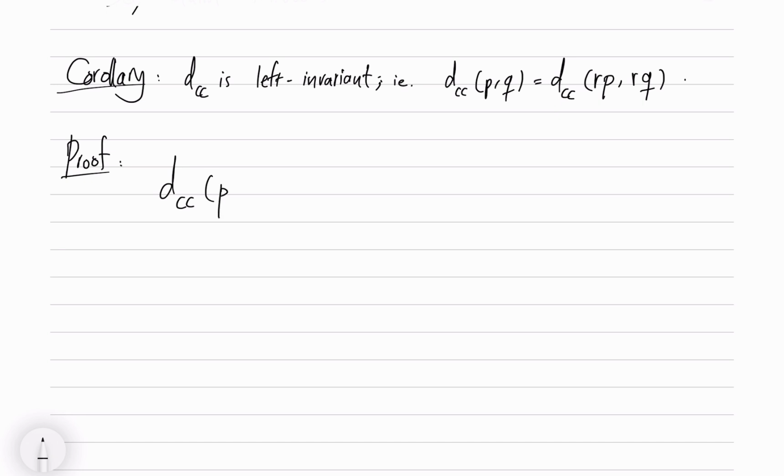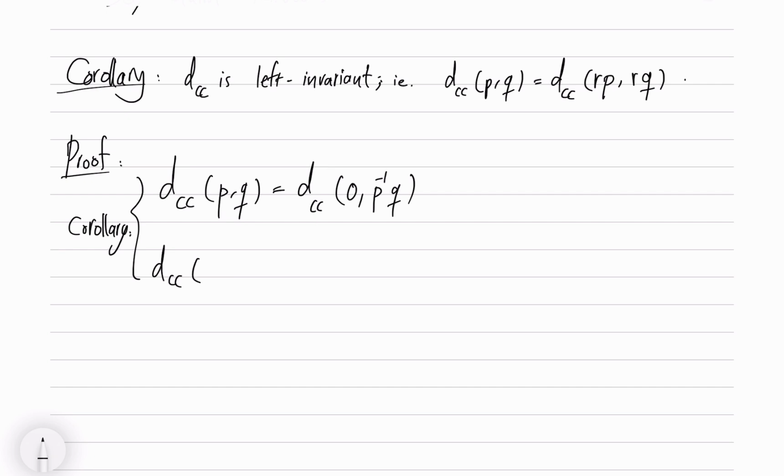Well, the proof will be: dCC of P and Q is, from the previous corollary, dCC of 0 and P inverse Q. And dCC of RP and RQ, separately applying the same corollary, will be the distance of 0 to the inverse of the first one times the second one.